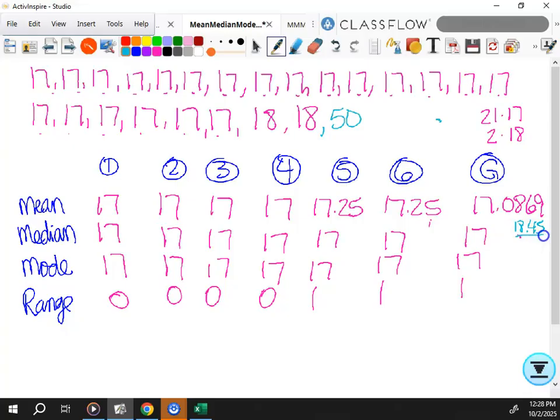So that looks good. Like, hey, look how much more everybody makes. But then is our median still 17? Yep. Is our mode still 17? Yep. What's the range? 33. Okay. Would you consider 50 an outlier? Yes, 100%.